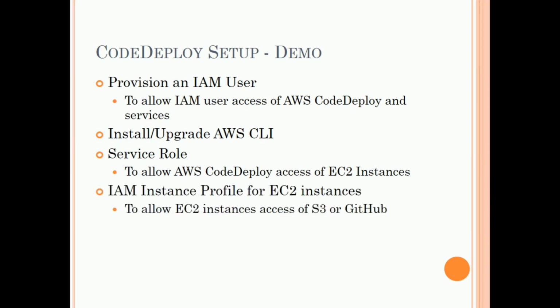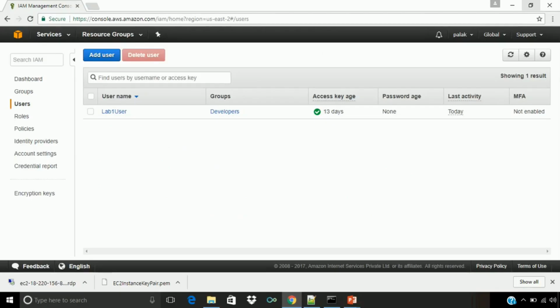And the fourth one is the IAM instance profile for EC2 instances. To allow the EC2 instances to work with Amazon S3 or GitHub, we have to create one IAM instance profile for EC2 instances. So let's get started and set up the environment.